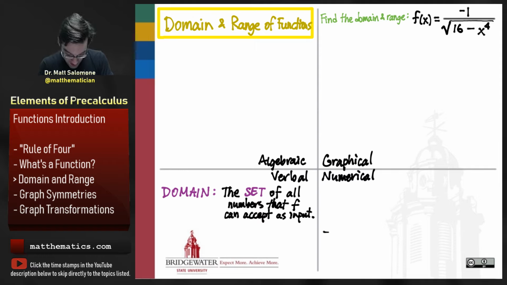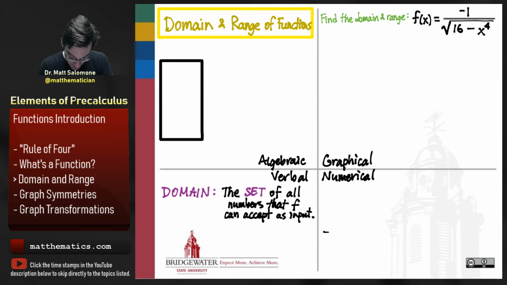Just to get us started thinking about what the algebraic perspective of this function might be, let's draw out f as though it's, again, one of my big machines here. In the top of this machine, we put values of x as input. Following the order of operations, those x's get raised to the fourth power, and they become x to the fourth.